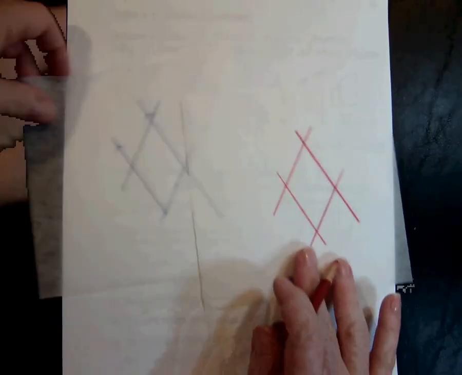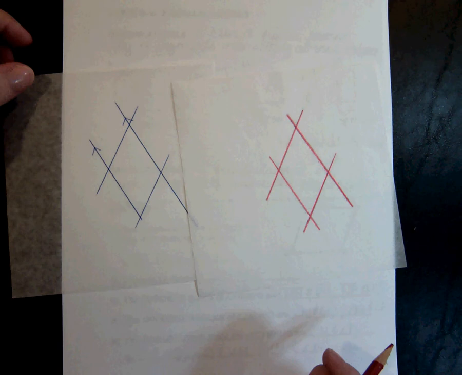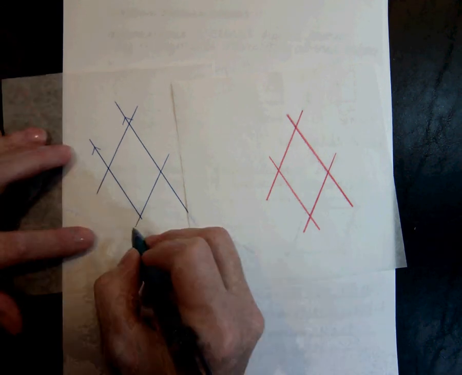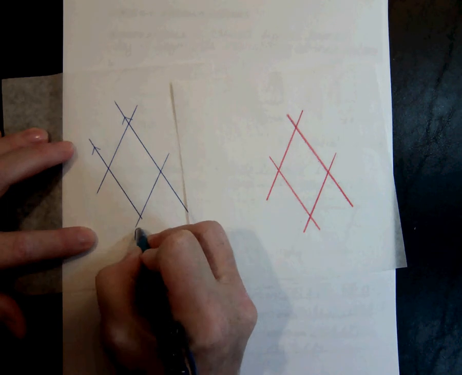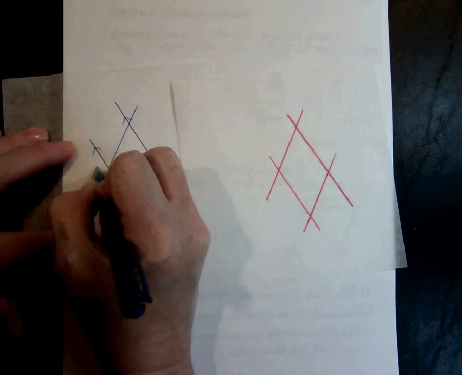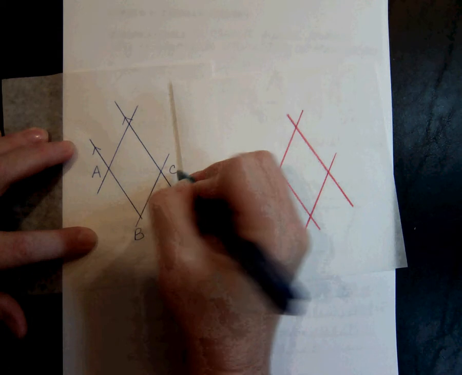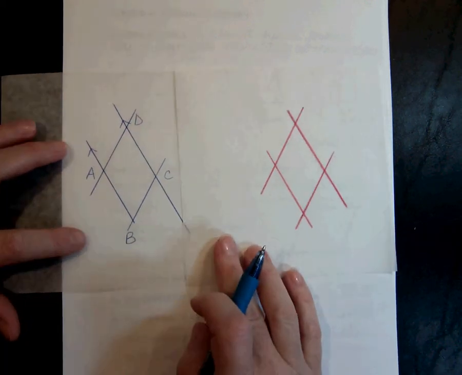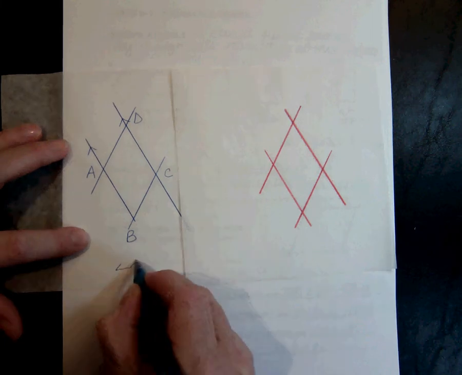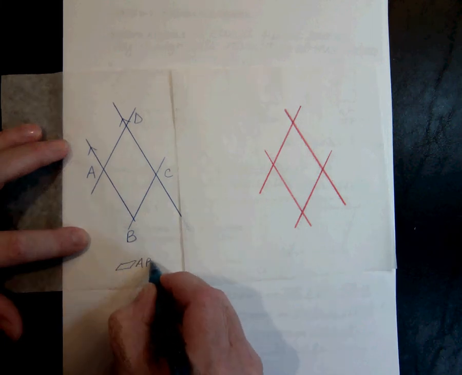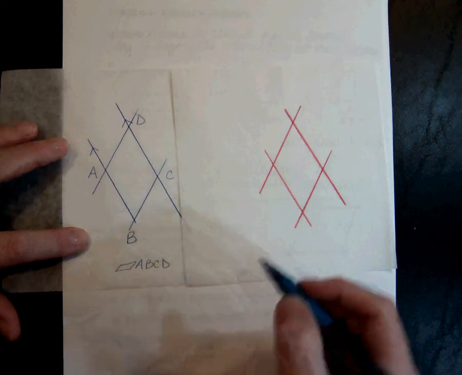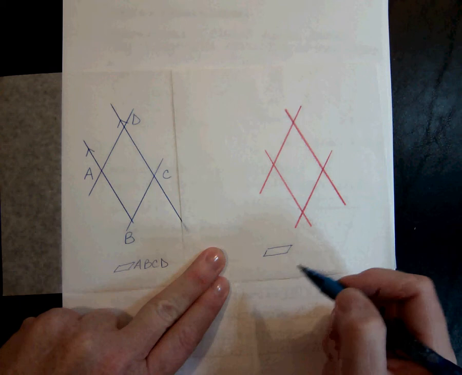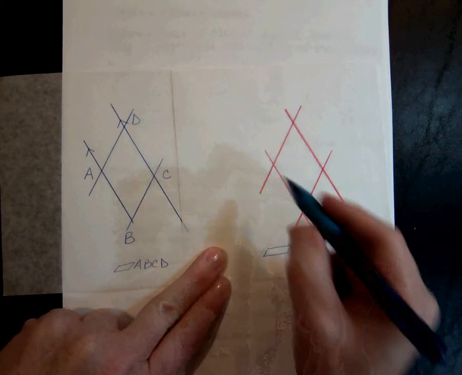Alright, so you have 2 parallelograms. If you wanted to label these, let's start with this parallelogram, and I'll start here. A, B, C, D. When you're labeling, anytime we say parallelogram ABCD is congruent to another one, you want to name it in the same direction.